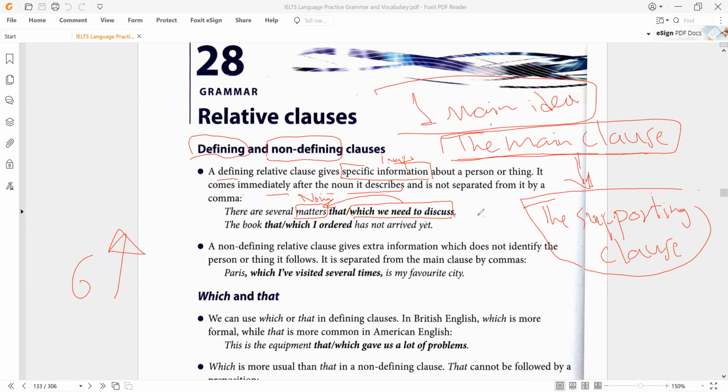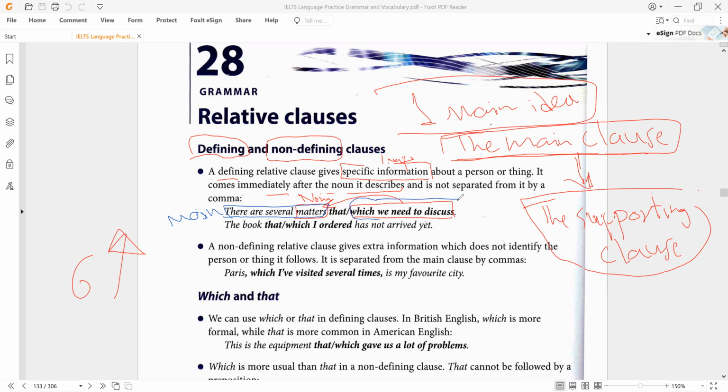This is called the main clause. The blue one, there are several matters. If I say there are several matters, I'm talking about issues in here, the main. The supporting, that or which we need to discuss.